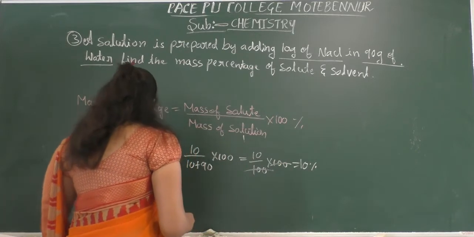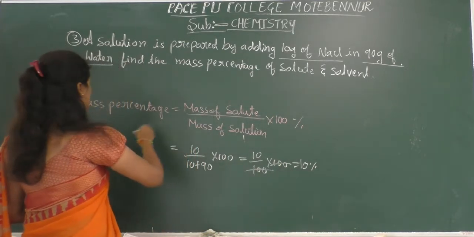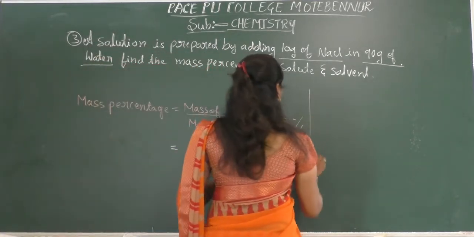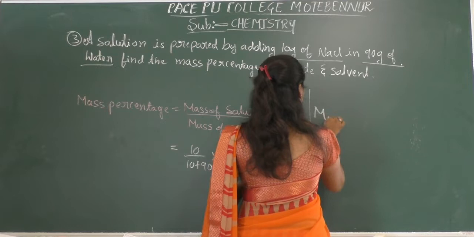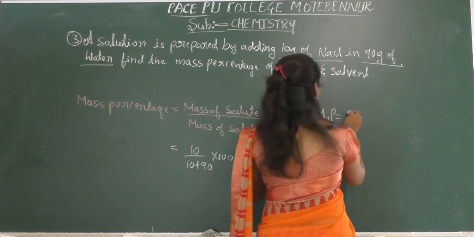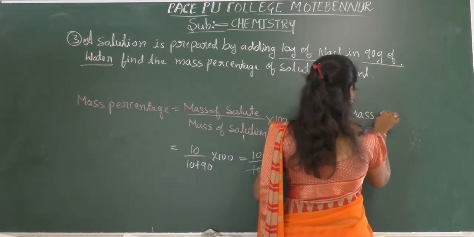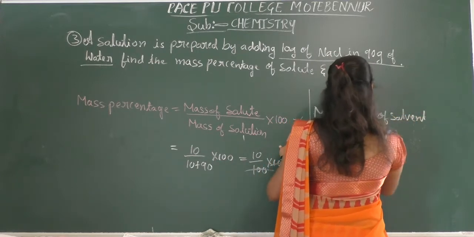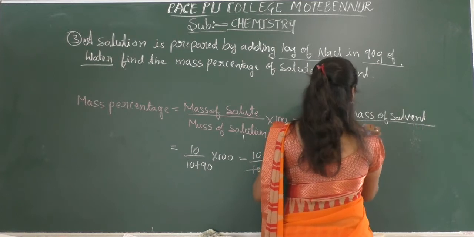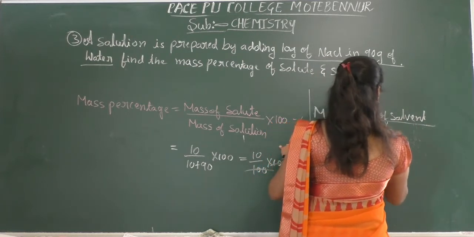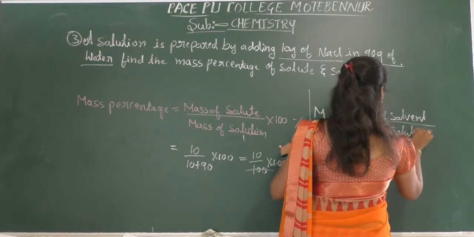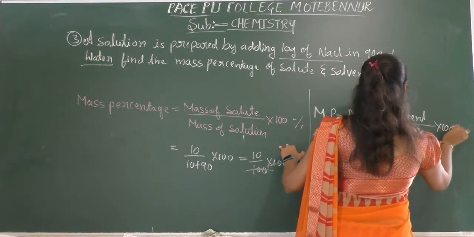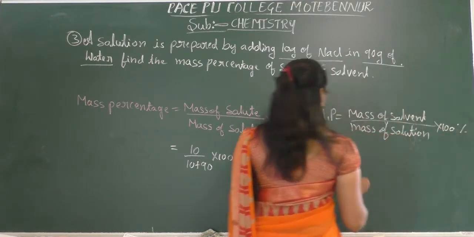Same way, when you consider the mass percentage of a solvent, the formula is mass percentage equal to mass of solvent divided by mass of solution into 100. So that will give us the mass percentage.